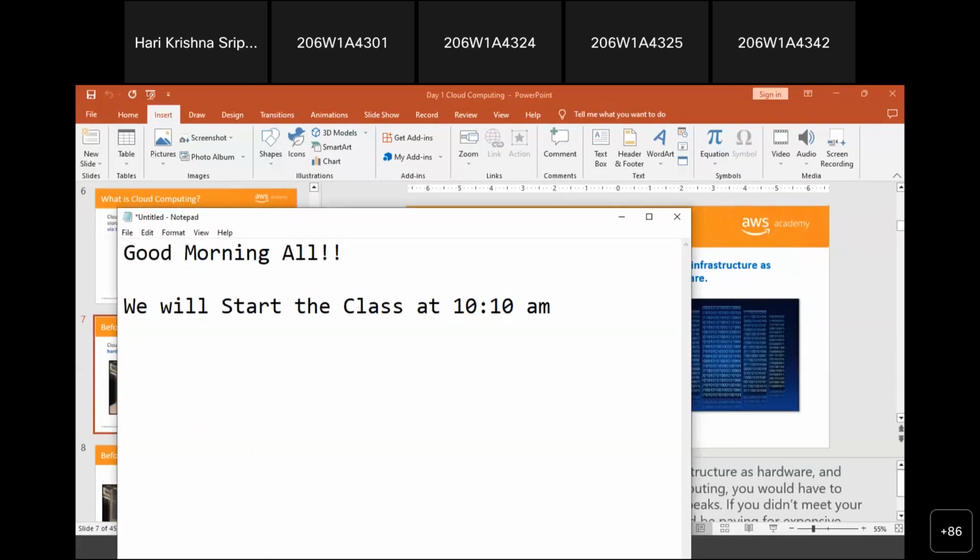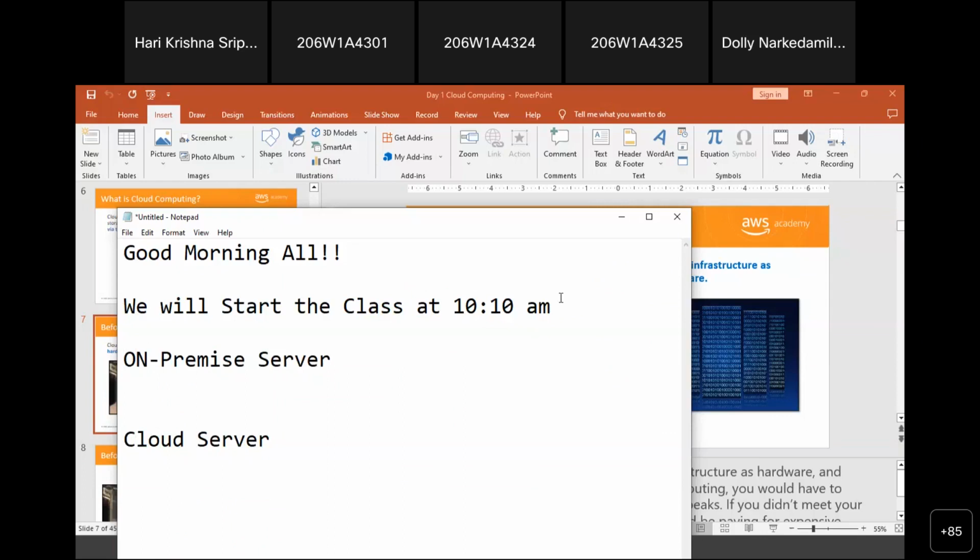Yes, sir. So now I'll tell you two concepts. These are very important. The first is the on-premise server, and the second is the cloud server. This is a very important thing you need to understand before going deeper. An on-premise server is the server which you are able to see in your college premise.